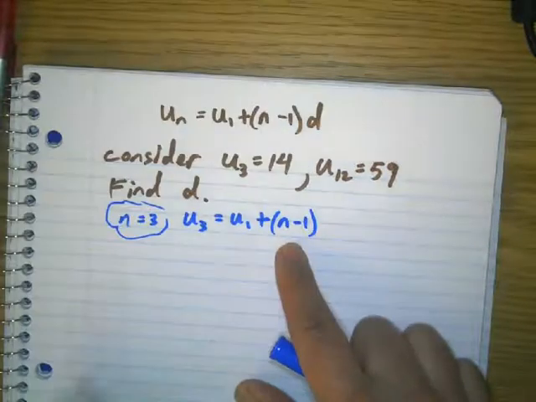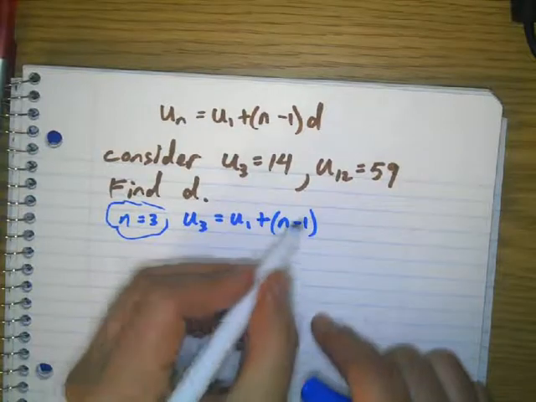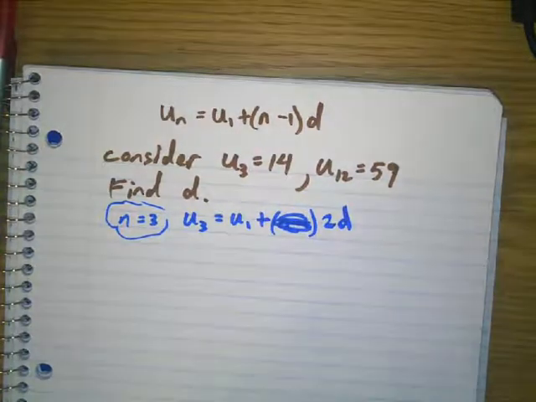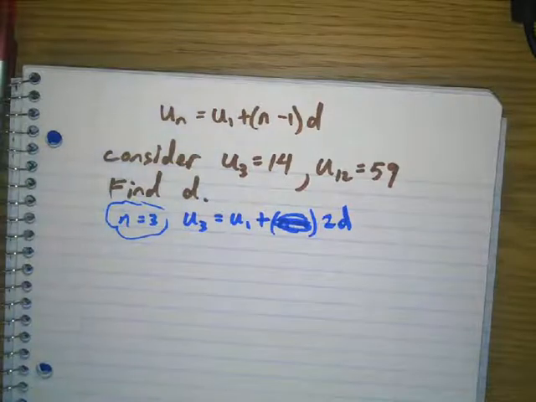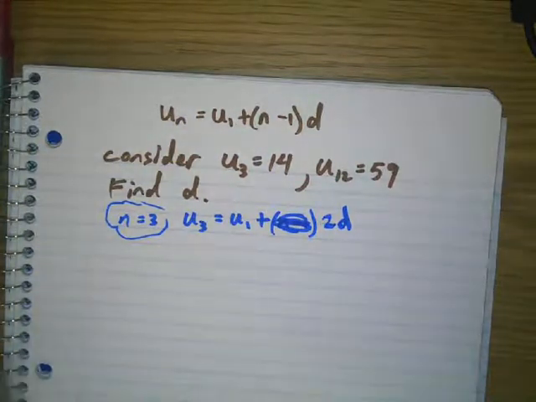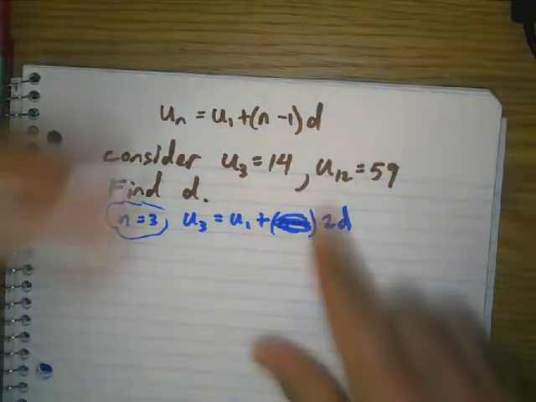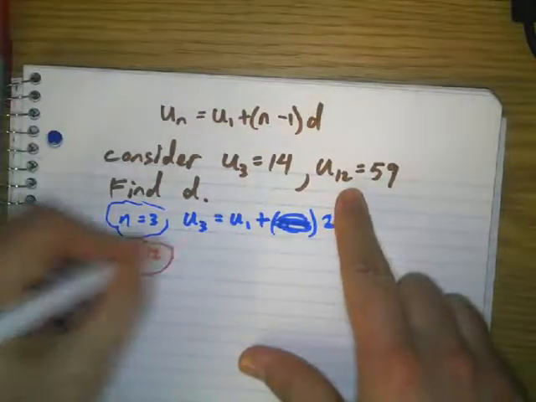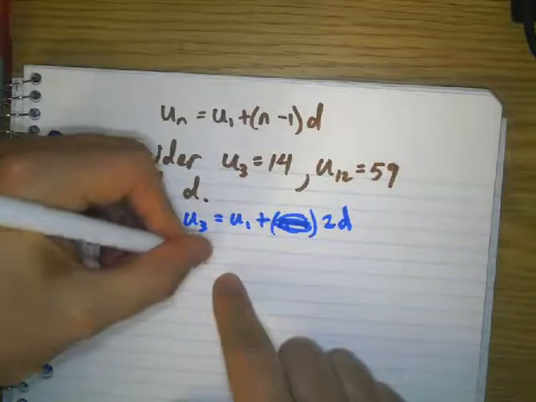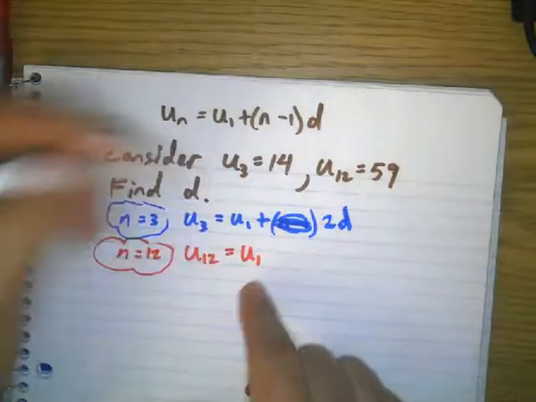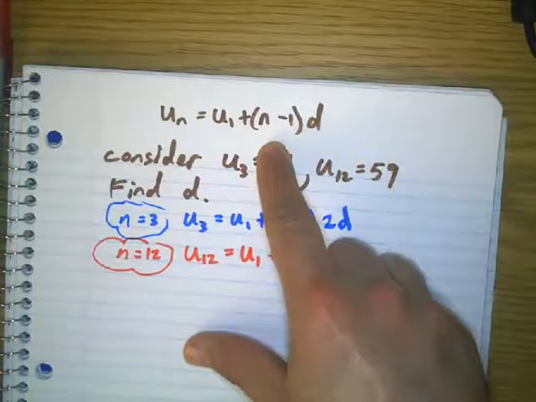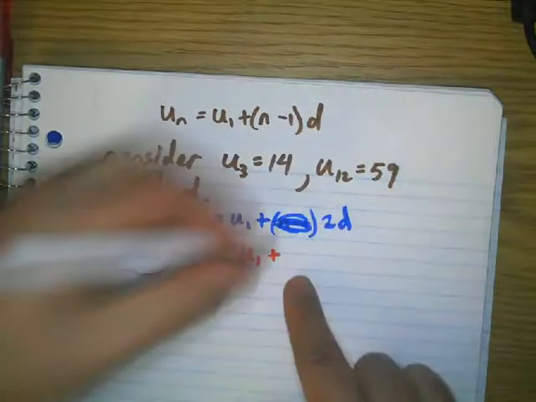Well, 3 minus 1, that gives me 2, right? So 2d. Okay. What about if n is 12? If n is 12, then I've got u sub 12 equals u sub 1 plus, okay, so this is 1 less than 12, right? 12 minus 1, this is going to be 11d.